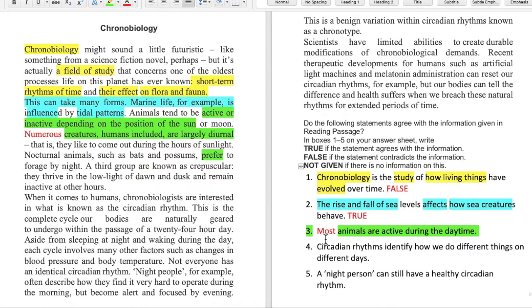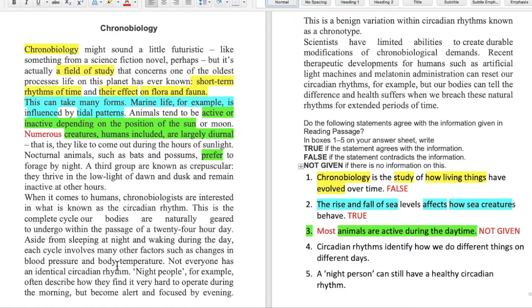So most is something that we refer to as in totality, while numerous is an absolute number. So according to that, this statement becomes a not given. I don't know for sure whether most means all the animals or most doesn't mean all the animals.